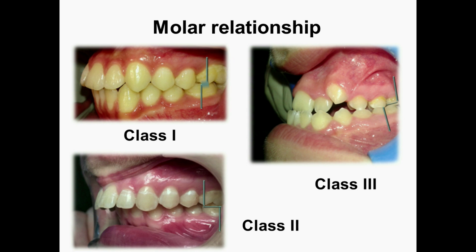Class 2, distocclusion: the lower first molar is positioned distal to the upper first molar. Class 3, mesioocclusion: the lower first molar is positioned mesial to the upper first molar.